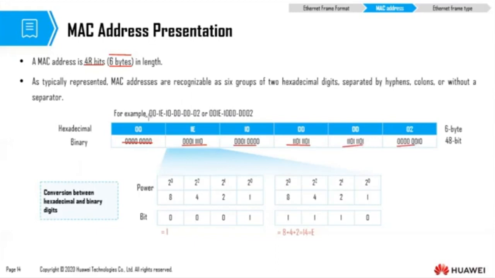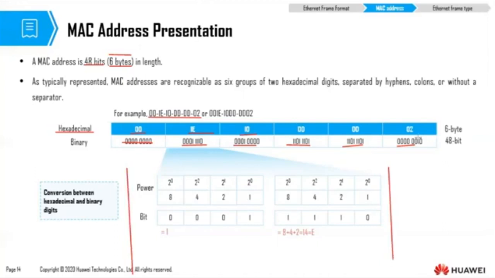Another numbering format is here. This numbering format is called hexadecimal. Most of the time, MAC addresses are written in hexadecimal. So when you have time, you can learn how to convert between hexadecimal and binary and vice versa.